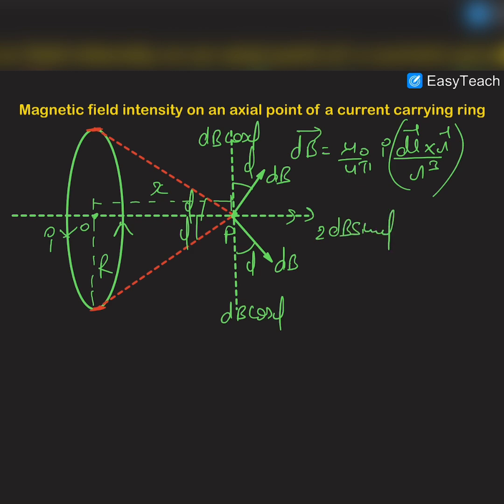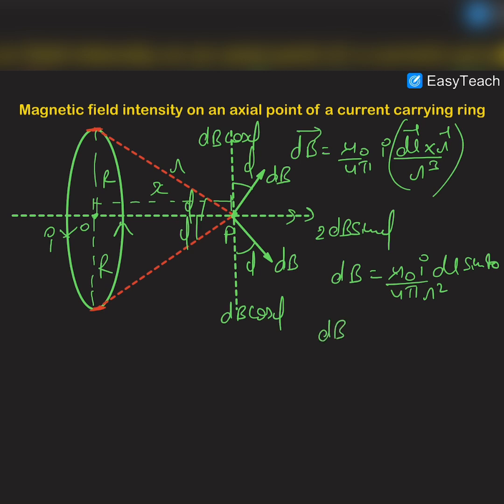Okay, and we know that dB is mu naught I by 4 pi, if this is r, so it would be r square, and dl cross r will be dl into, cancelling r with r, and sin 90 is 1, because we have already discussed that the angle between dl and r is 90 degree.